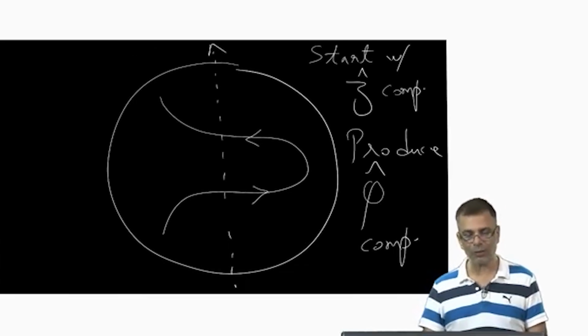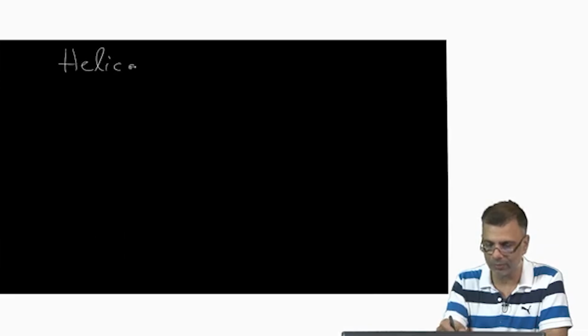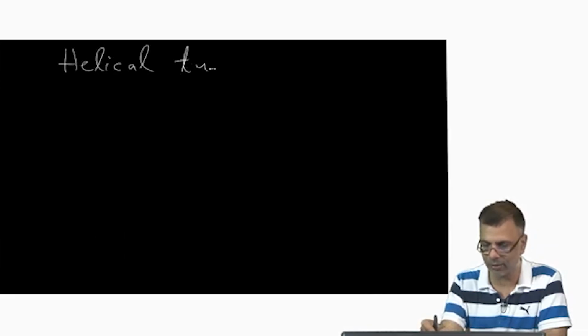Now, there is one more important component, and if it was not there, the whole thing would not work. That is called the issue of helical turbulence, and let me try to explain what this is in a minute.